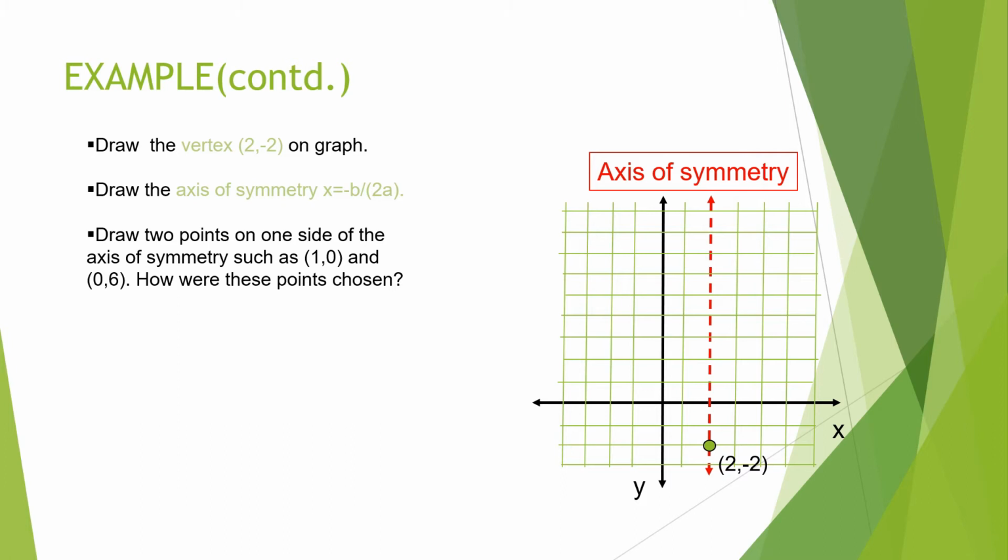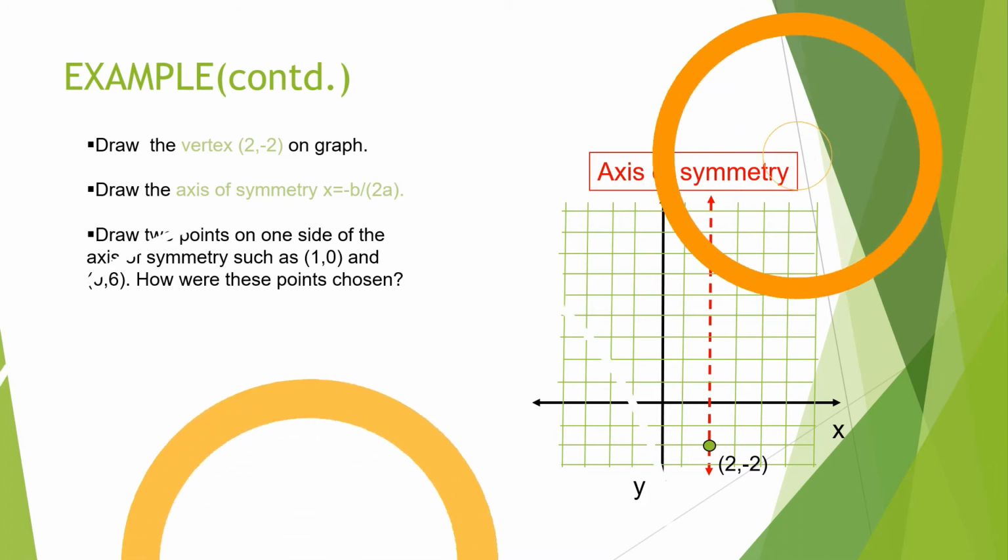Now the question is, how were these points chosen? The answer: we use x equals 1 and replace it in the original function so that we can find the value of y, which is 0. The same goes for (0, 6): we use x equals 0 to find the value of y, and that is 6.